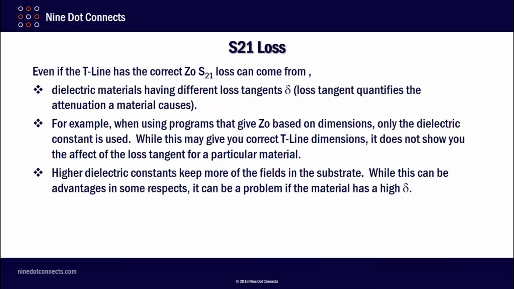While this can be advantageous in some respects, and specifically I'm thinking of radiation purposes, it can be a problem if the material has a high loss tangent, because the more you keep the fields within the substrate with a higher dielectric constant, there's going to be more loss, and therefore the higher loss tangent compounds the problem.